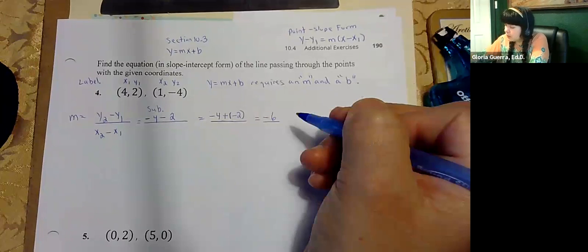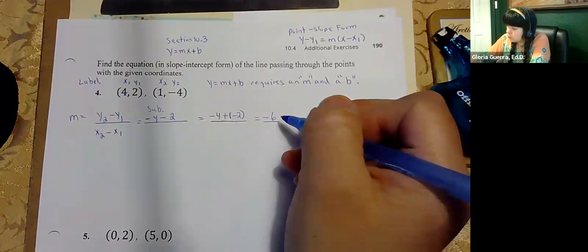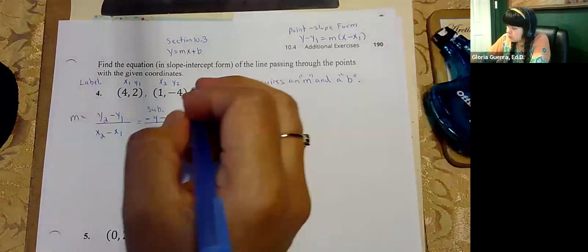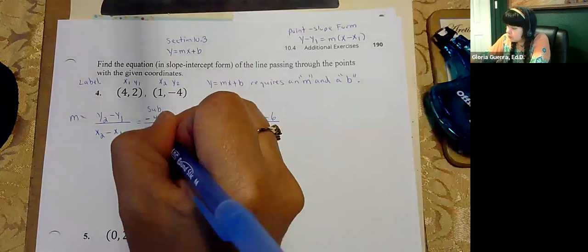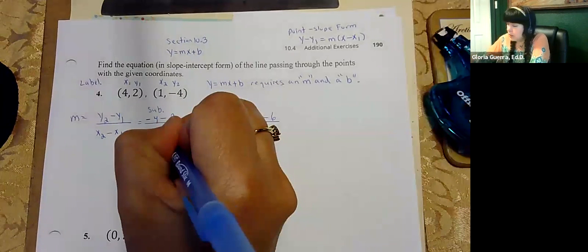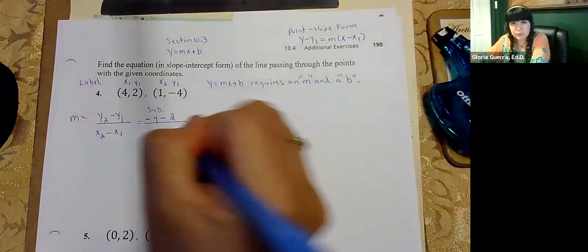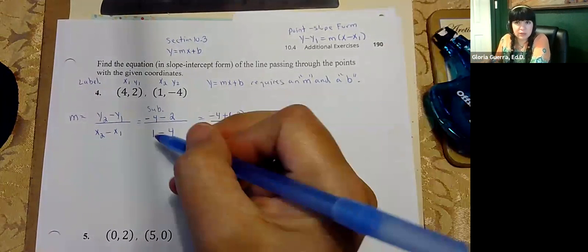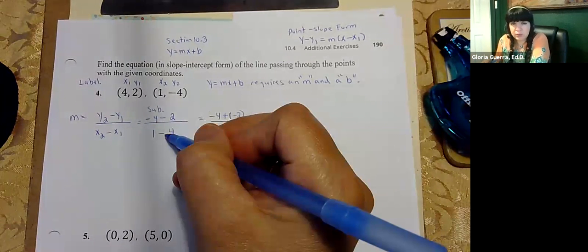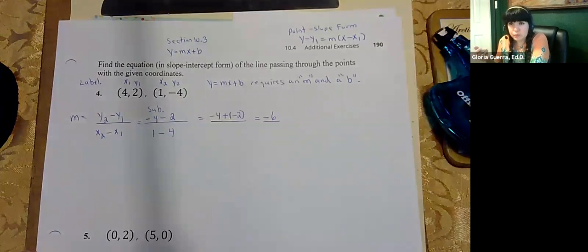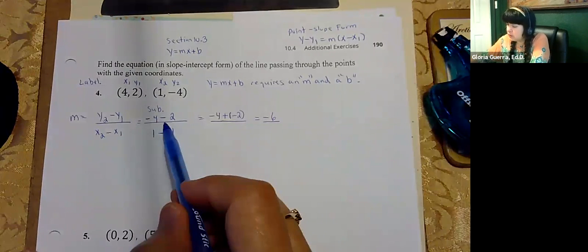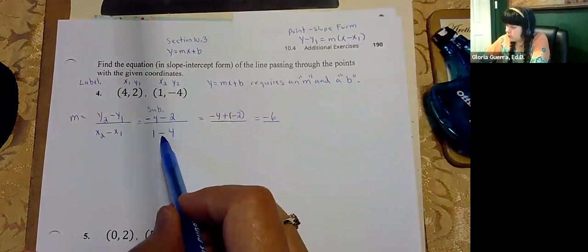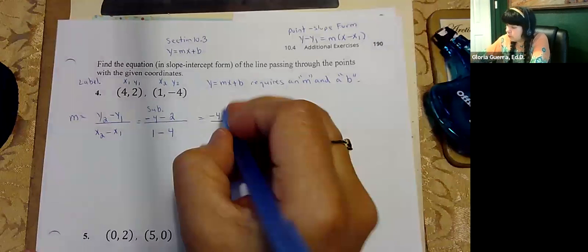On the bottom, x sub 2 is 1, take away x sub 1 is 4. Whenever you're subtracting signed numbers, if you have 1, you can't take away 4, you're short. Those are signed numbers. They want you to add the opposite. We did that here. We do that here. 1 plus -4.